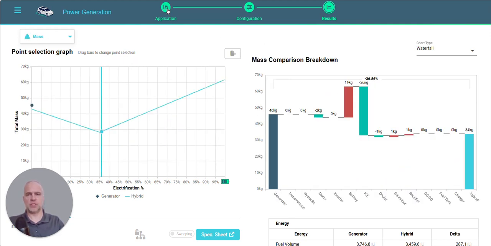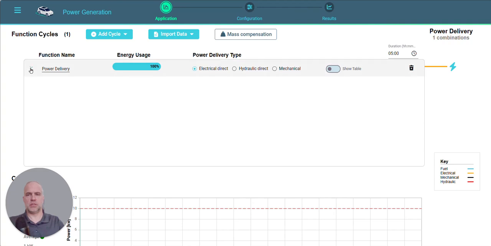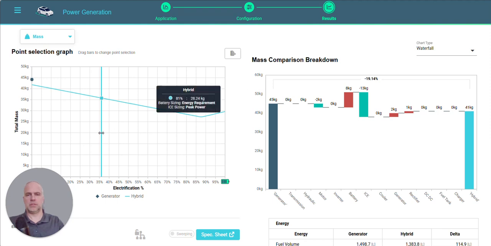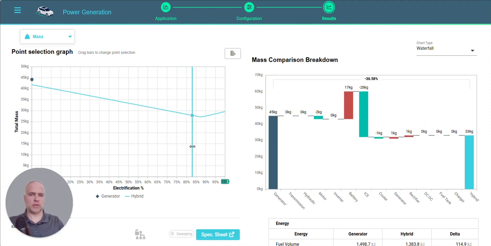But if we go back to the application and change, instead of a 5-hour duration, let's say the requirement is a 2-hour duration, and we go back to the results. Now the solution for a 2-hour duration is more batteries than it is ICE.